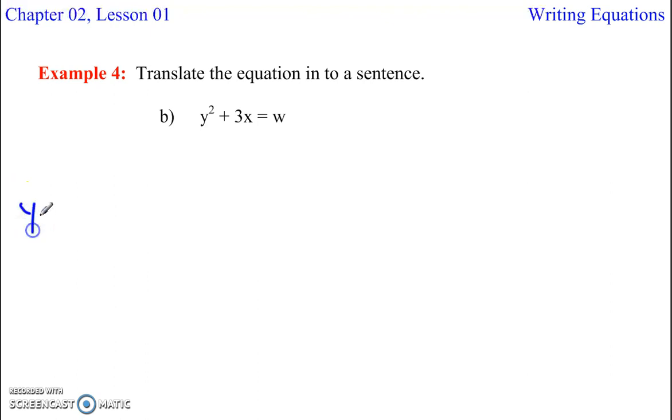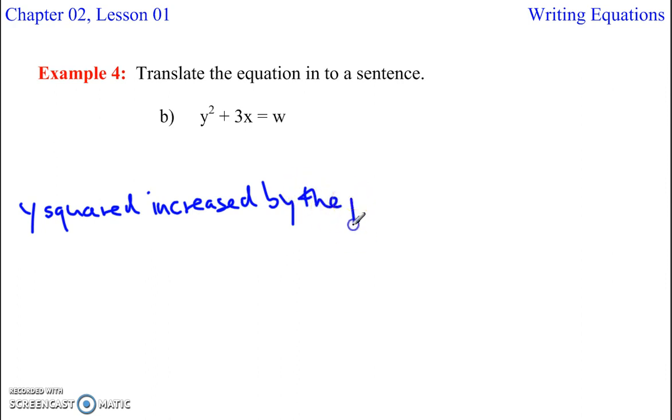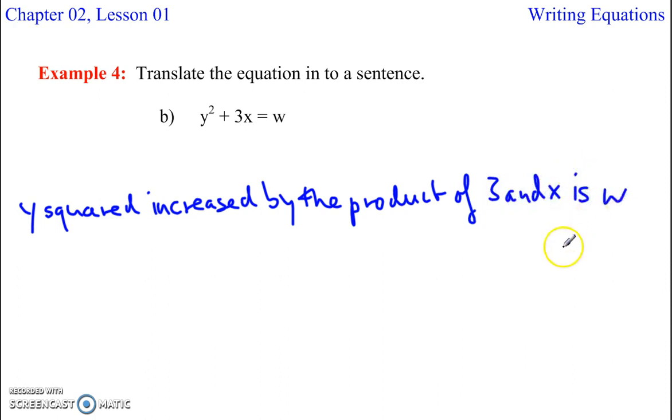So I have y squared, or a number y squared, increased by 3 times x, or the product of 3 and x, is w, or is equal to w.